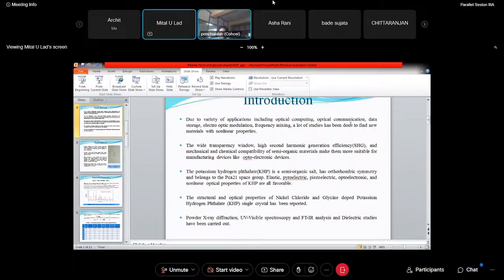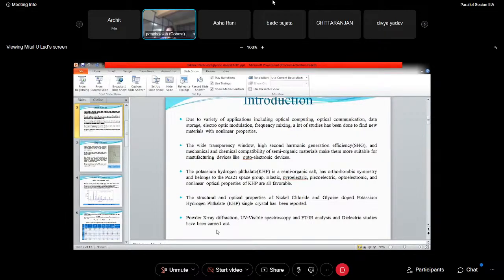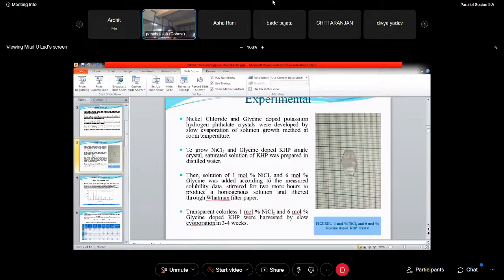Mainly, it is used in optoelectronic devices, and for its non-linear property. Because of the non-linear property, it is used in lasers also. What is the method you used for synthesizing this material? Slow evaporation method.